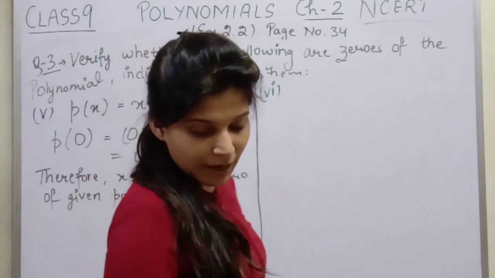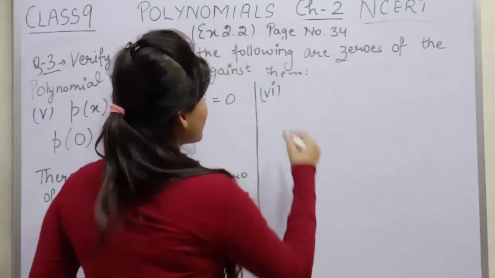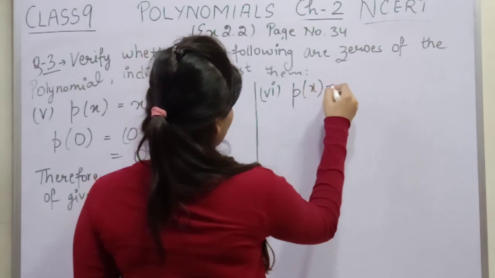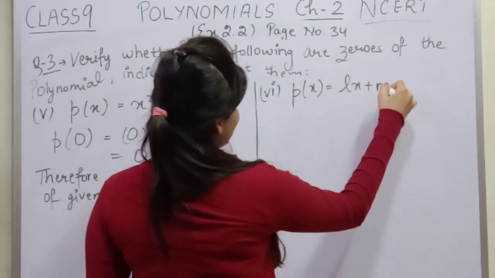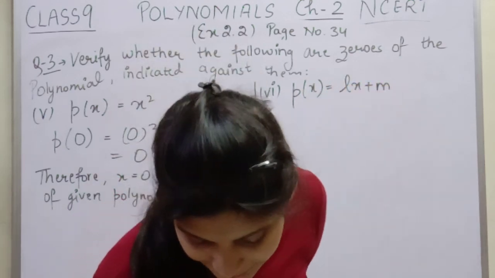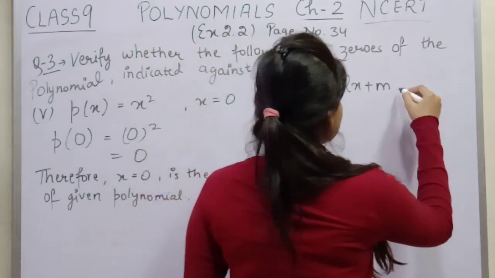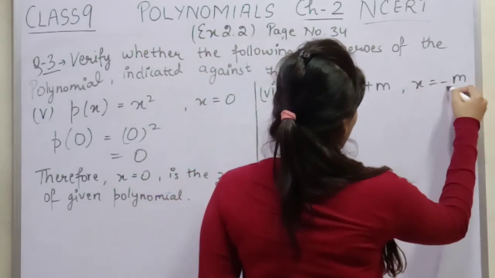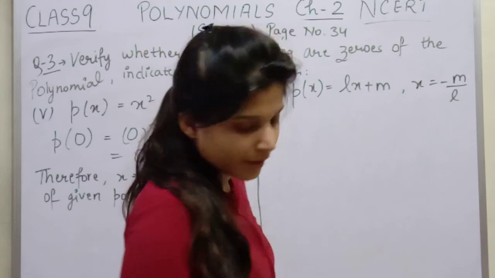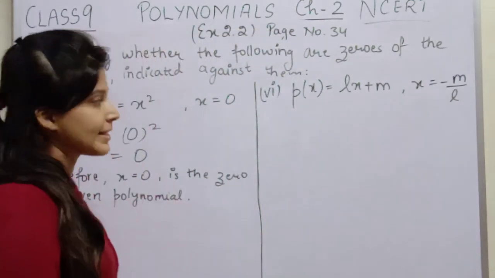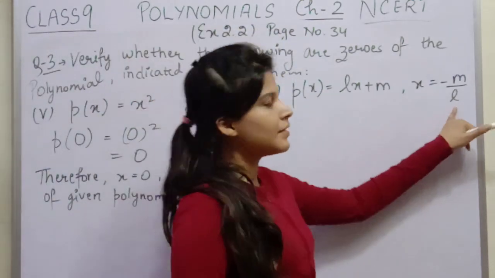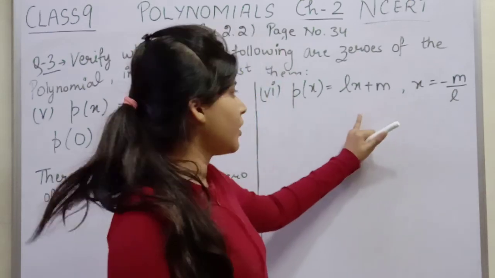Okay, so 6th part is p(x) equals lx plus m, where x is minus m upon l. Okay, minus m upon l. Yes. So now we have to check whether this is the 0 of this polynomial or not.